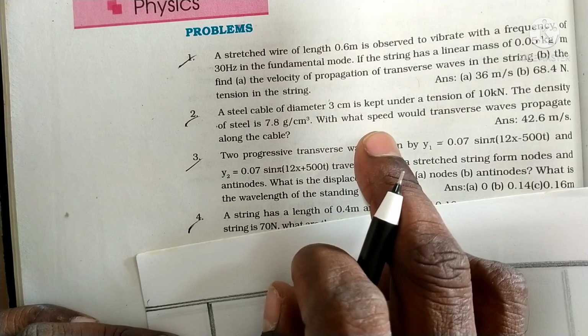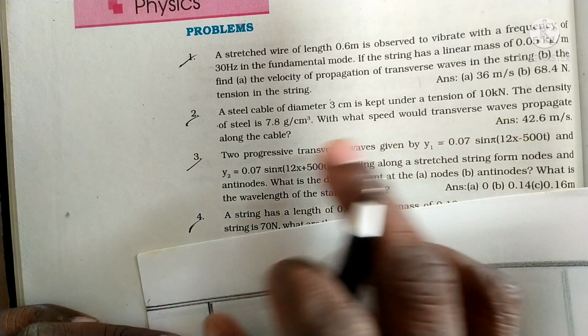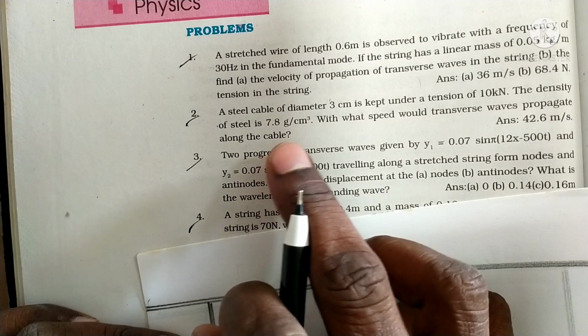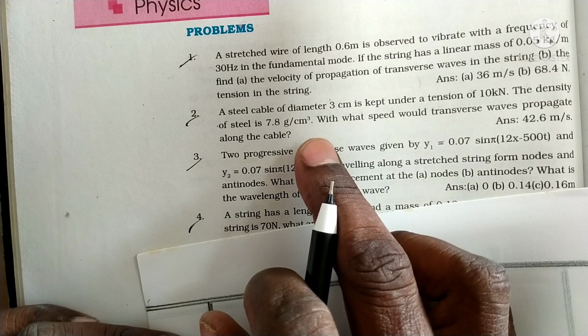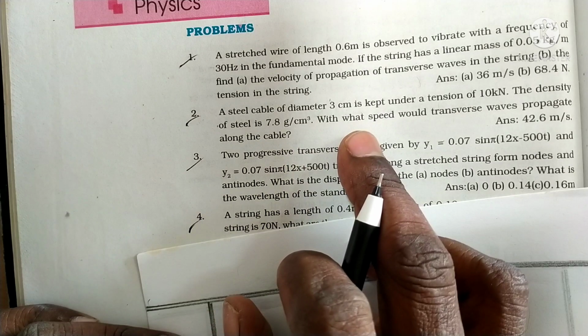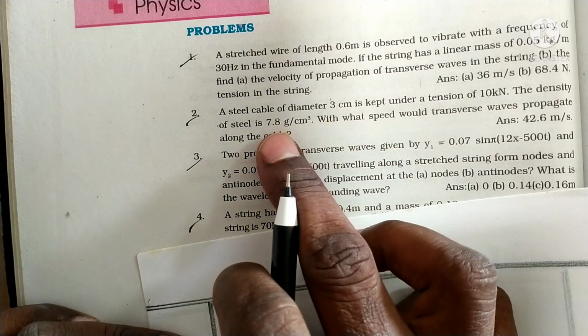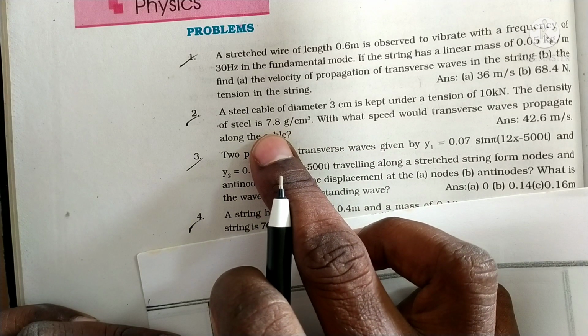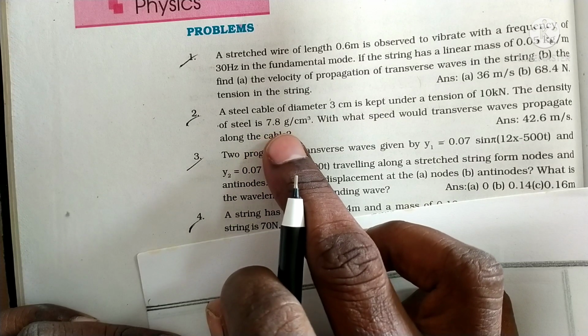With what speed would transverse waves propagate along the cable? How much speed is the transverse wave moving with?